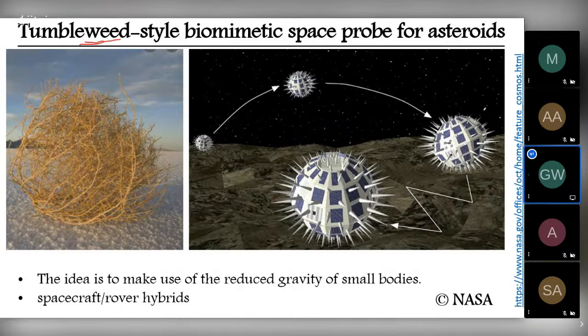Tumbleweed is nothing but the dried weed, or the branches which circle around as a bunch, and due to its lightweight structure, it can travel or tumble. Tumbling is nothing but moving forward and back randomly based on the wind gusts. So this kind of motion is obtained over here.